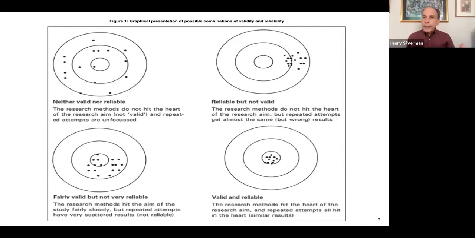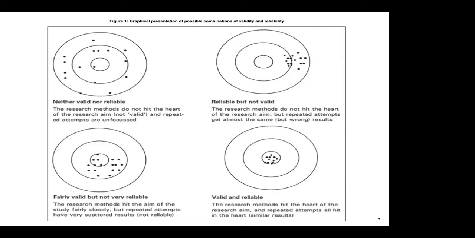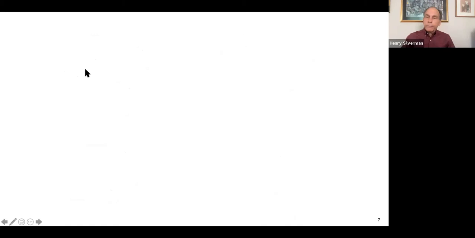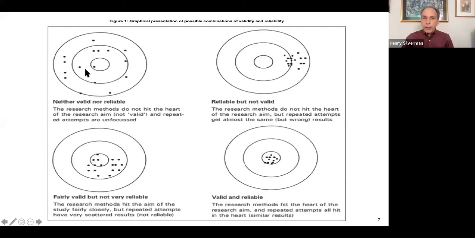So validity means that you're measuring what you intend to measure. So you're hitting the bullseye here. You're hitting the target in the middle. And reliability means that on repeated questioning, you're getting the same answers from the participants, okay? And so this first diagram here, it's neither valid nor reliable.